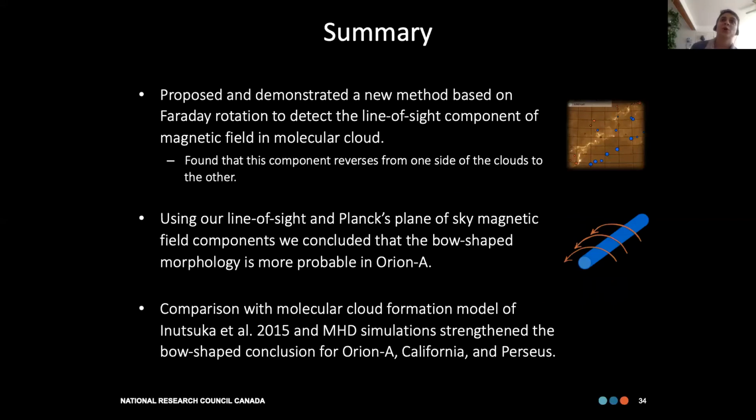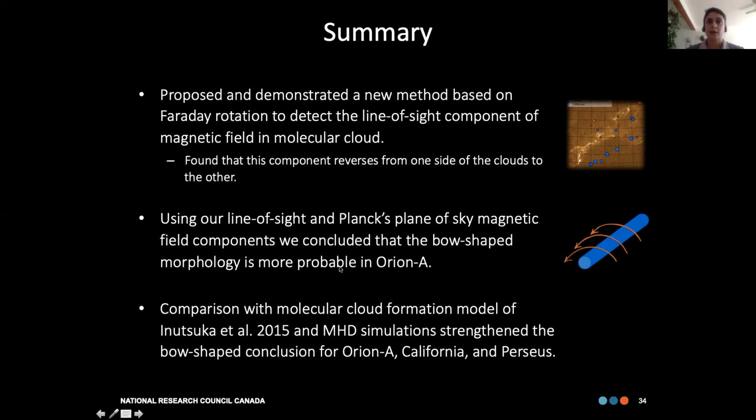So as a summary, we demonstrated a new method based on Faraday rotation to detect the line of sight component of magnetic field in molecular clouds. And in Orion-A and in California, we saw clear evidence of reversal across these regions. And in Perseus, we saw some mild indication of reversal.